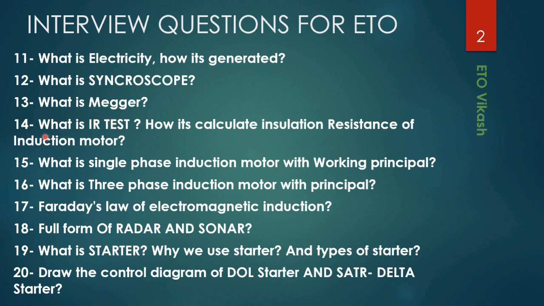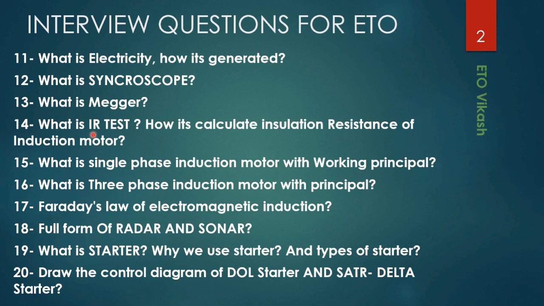Next question: what is the IR test and how is the insulation resistance of an induction motor calculated? IR testers are digital and analog. In digital, we just apply it, and the test is phase to phase, phase to earth.